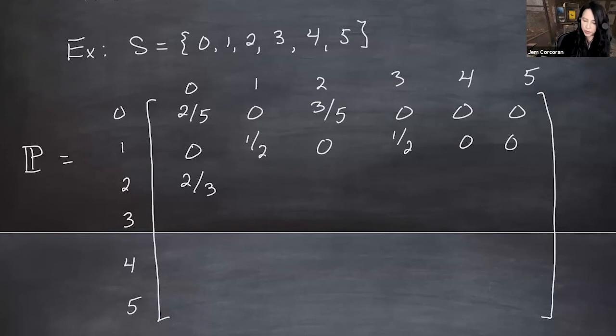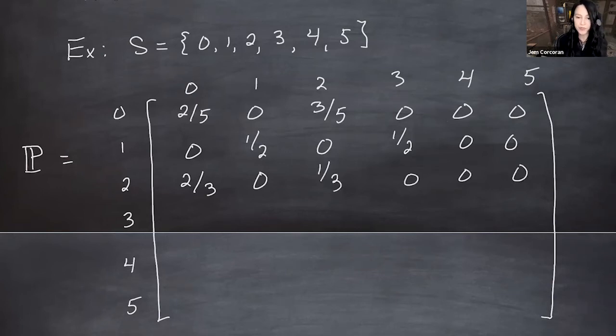This is a pretty sparse one, but only to make this an easy example to do quickly. 2/3, 0, 1/3, 0, 0, 0. In the 3 row, I have 0, 1/5, 0, let's say I need to come up with a number, 4/5, 0, 0.